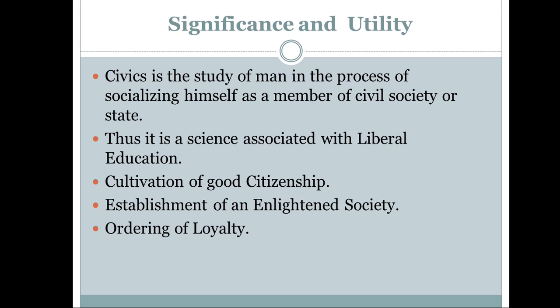Cultural associations, educational institutes, political parties and international associations of which a citizen is a member, and all of them demand a degree of allegiance and loyalty from him. So these are the different systems through which you are ordering your loyalty, first from your home, then from your institutes, then from your working environment, and then from the nation as a whole.